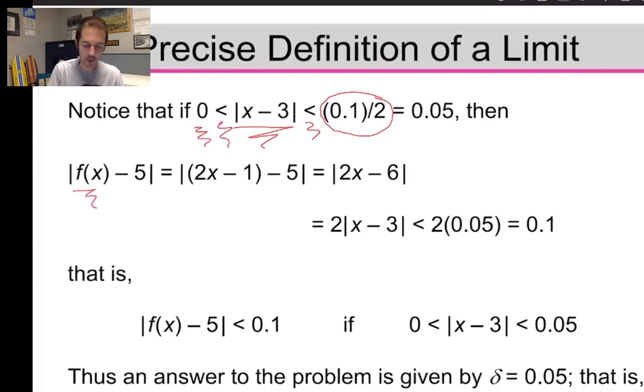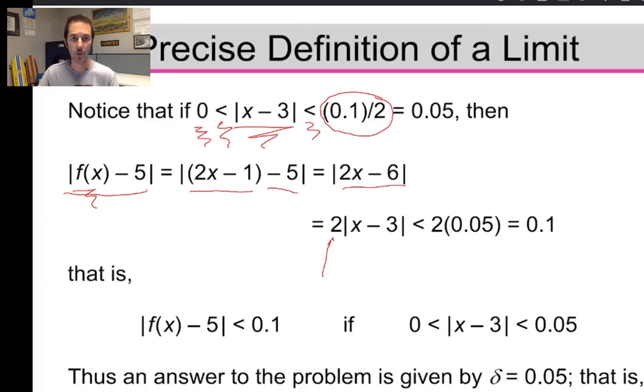We know what our function was, 2x minus 1. This is the difference in our y values. Here's our function of 2x minus 1 minus that capital L value of 5. Combine like terms, factor out the 2, and it's this 2 that has that direct relationship to our delta value by way of our epsilon value.